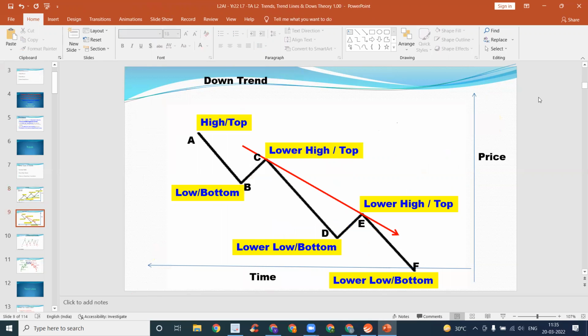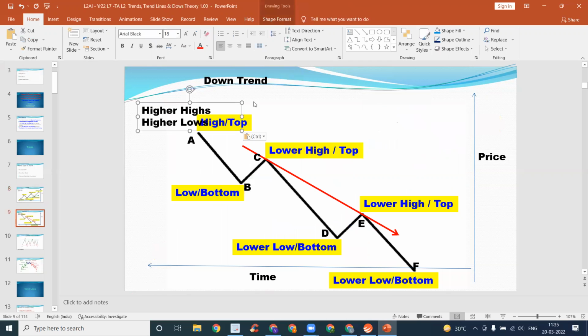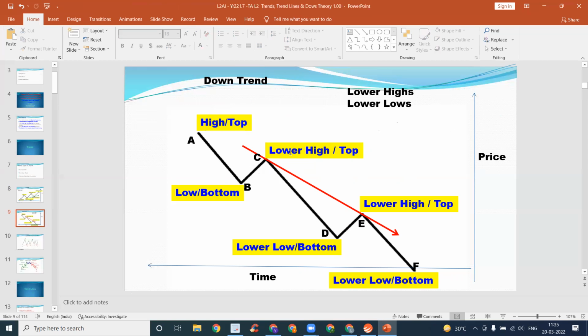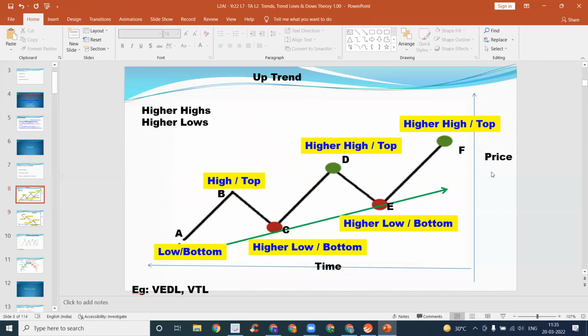And in a downtrend, we'll always have lower highs and lower lows. So this is a feature of a downtrend.